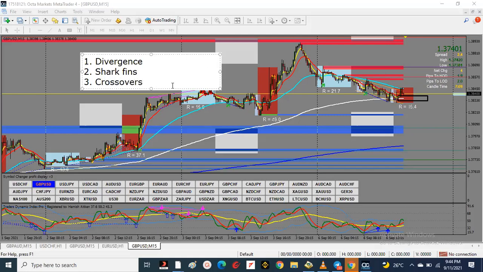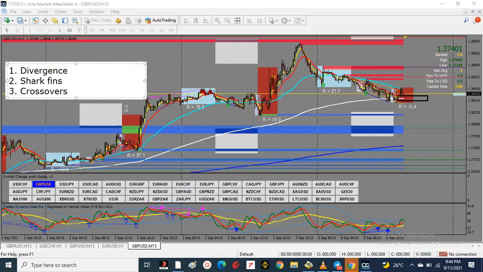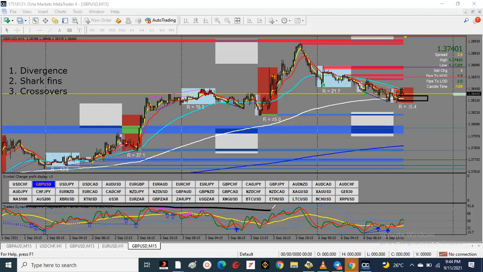Now, for people who don't know what TDI is, TDI is this indicator. We call it the Traders Dynamic Index indicator. You can see this is our TDI, Traders Dynamic Index.